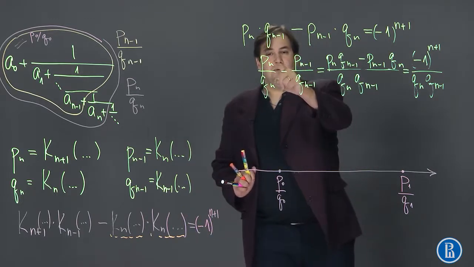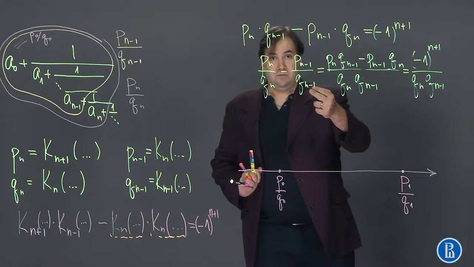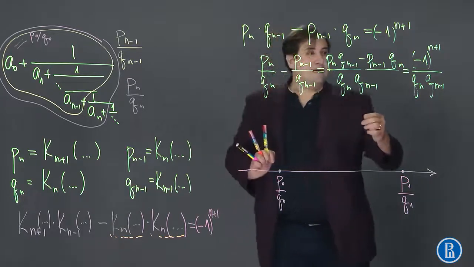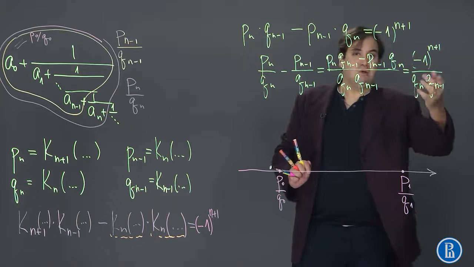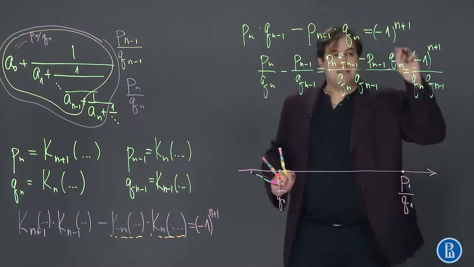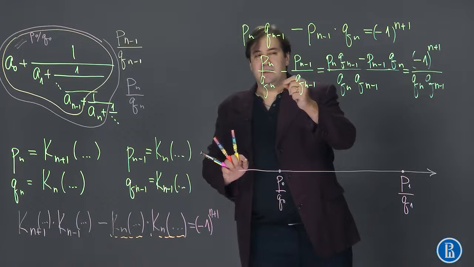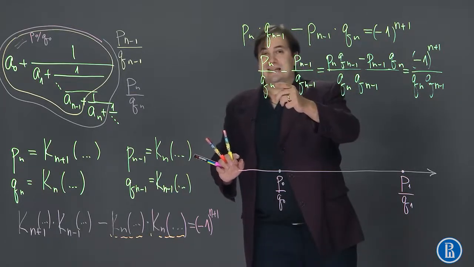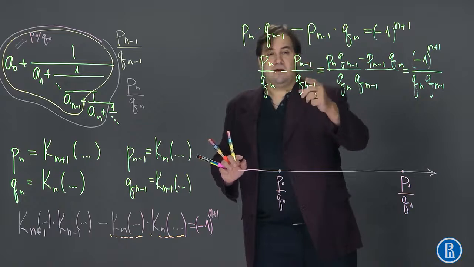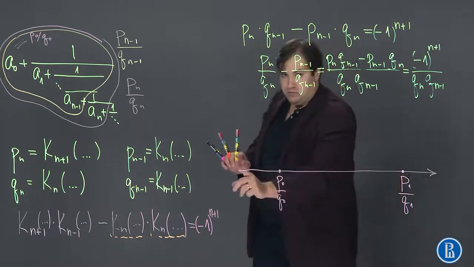So P2 over Q2 minus P1 over Q1, well, this difference, is equal to minus 1 to the power of 3 over, well, something obviously positive. So this is negative. And we understand that P2 over Q2 is less than P1 over Q1. Okay, so it's somewhere here.